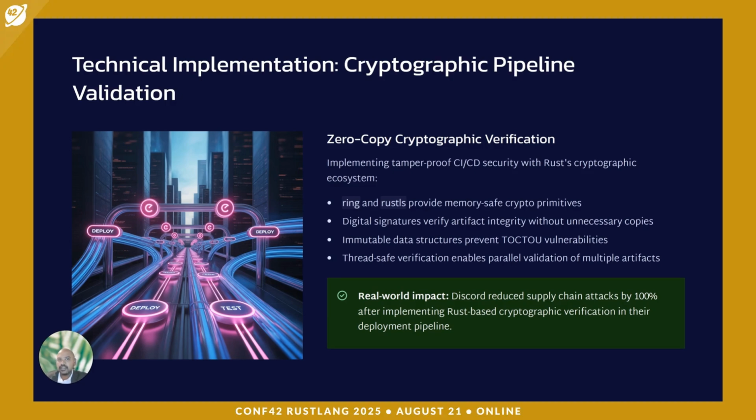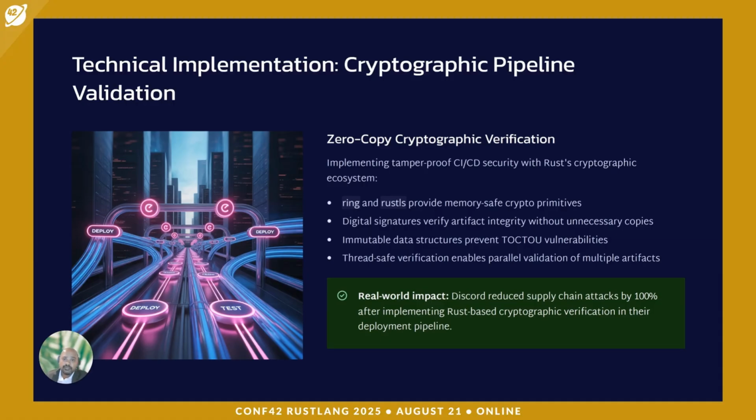Rust's ring and rustls libraries give you memory-safe cryptographic methods, avoiding the pitfalls of C-based OpenSSL. You can sign and verify artifacts without unnecessary data copies, reducing the risk of time-of-check to time-of-use attacks. Discord implemented a Rust-based cryptographic verification and saw a 100% drop in certain supply chain attack attempts.